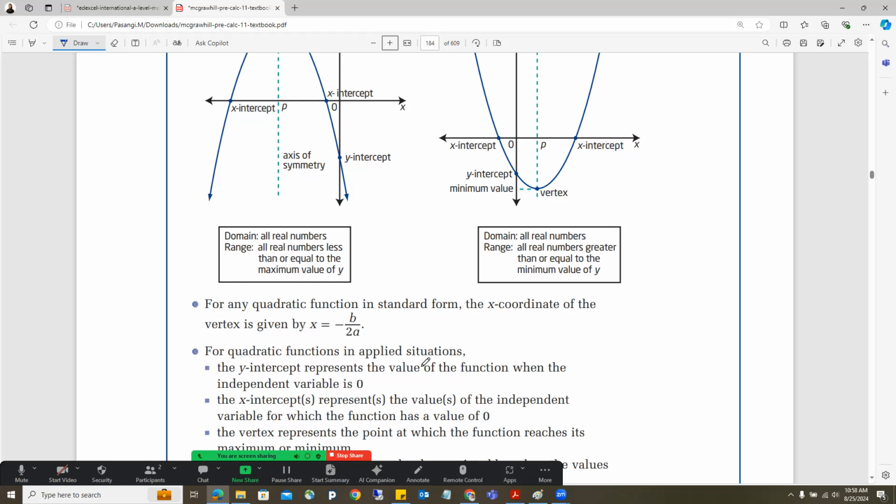To find the vertex, the x coordinate of the vertex point is minus b over 2a. Once you have found the x coordinate, you can substitute it into the given function and find the exact y coordinate of the vertex.